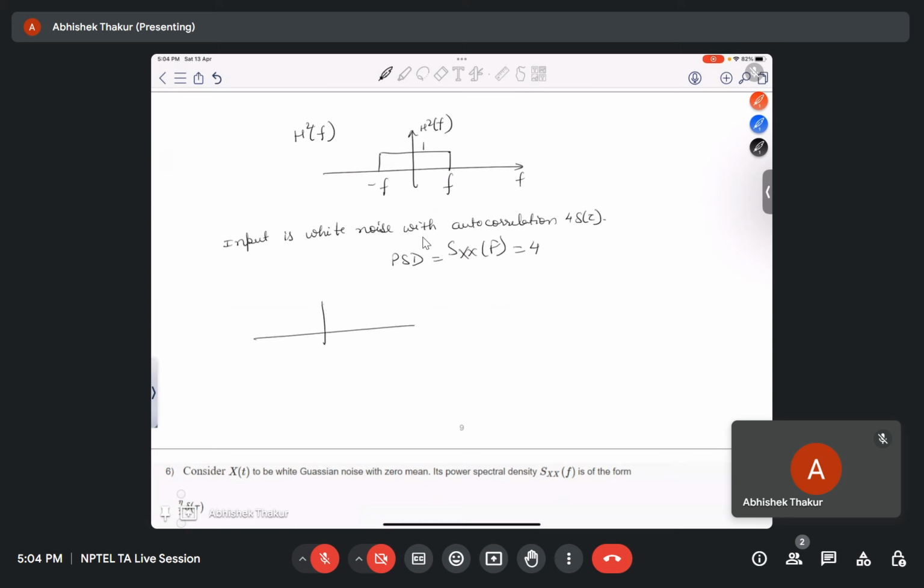So this is, let's suppose, the input 4 δ(t), so the power spectral density will be 4.